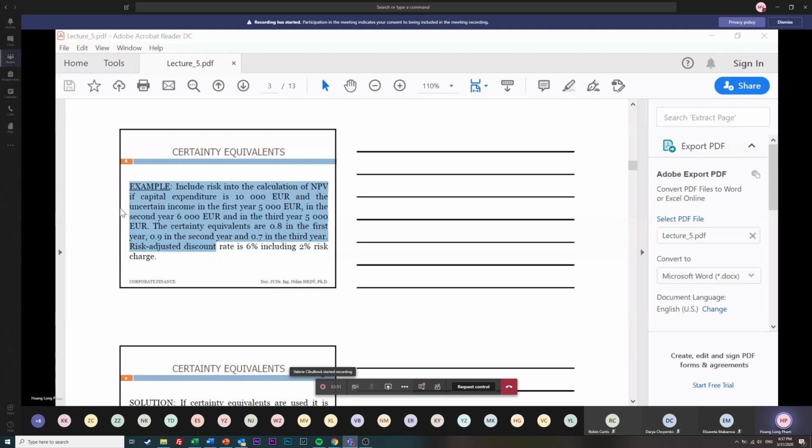The second exercise is to calculate sensitivity analysis. You have a similar exercise in the lecture as well, so if you go through the lecture, you will be able to calculate my exercise.